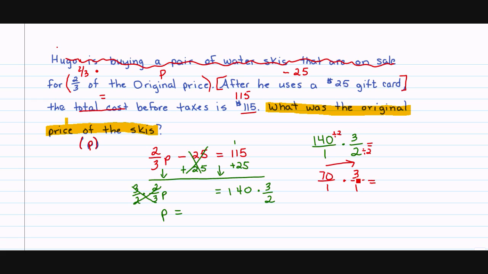The shortcut way of doing this is saying 7 times 3 is 21, and then add my 0. So the original price before the sales price, before the gift card, was $210. Wow, they saved a lot of money.